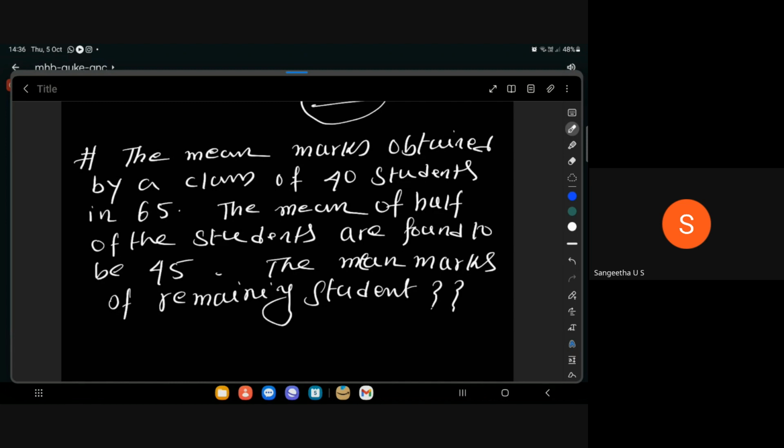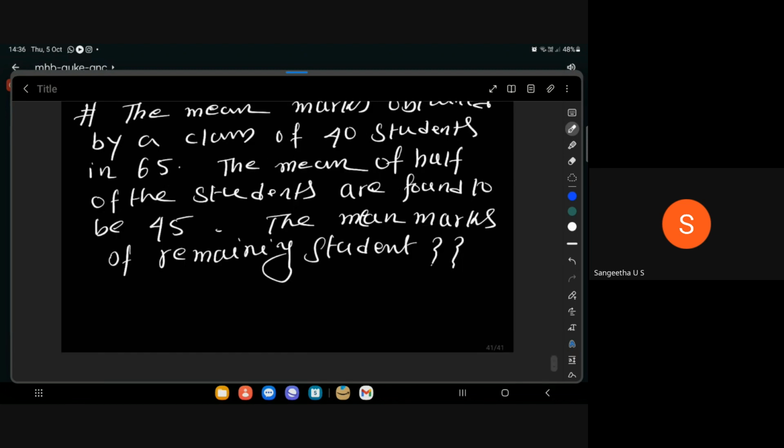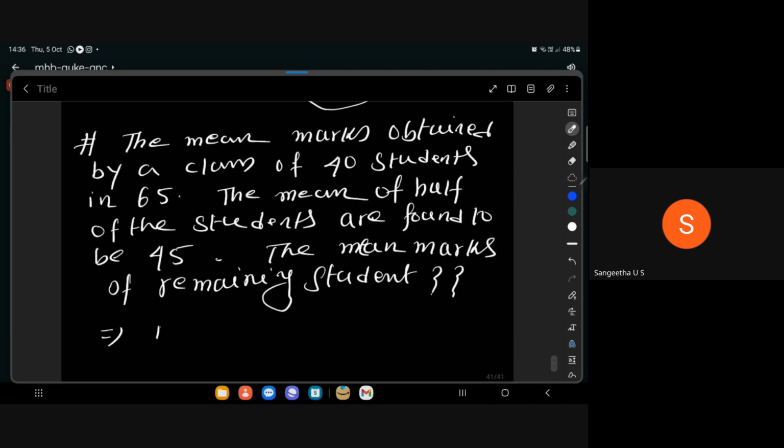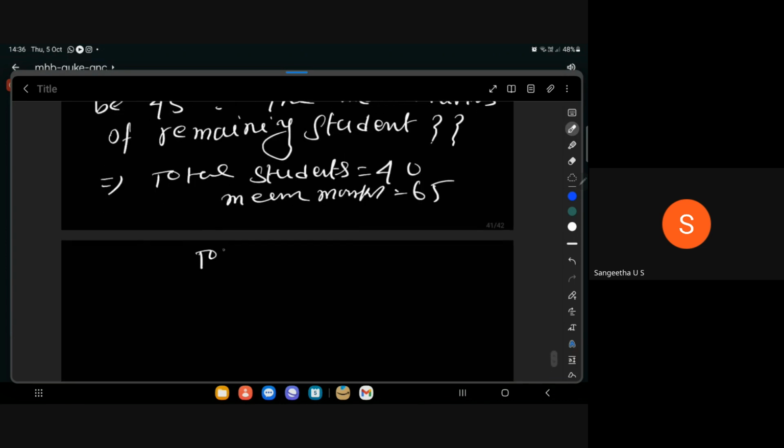Okay, let's solve. See, the total students are 40. The mean marks, or average, is 65. Then the total marks is 40 into 65, which is 2600.